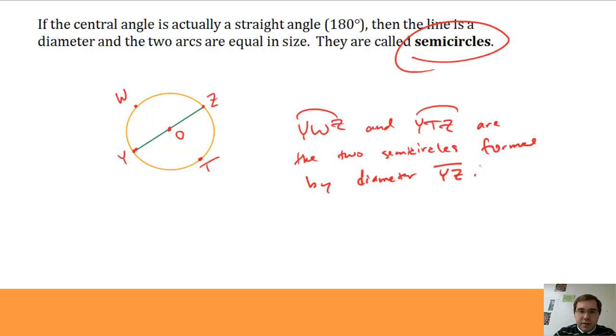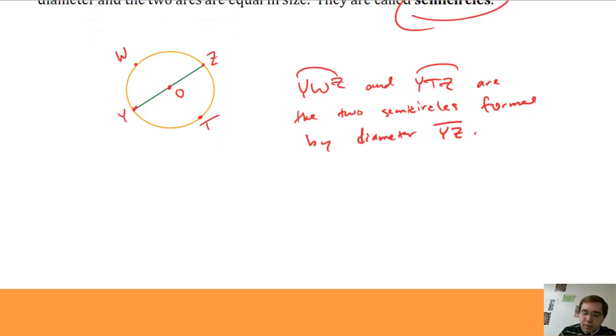So I have two semicircles formed from a diameter. Basically, they're each half of the circle.